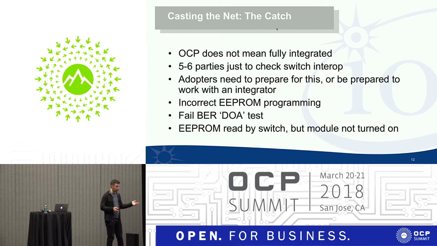We saw cases where an EEPROM could be read properly on an EEPROM reader, read properly by the switch, and it wouldn't actually get turned on by the switch. The light wouldn't actually turn on. These are relatively simple interoperability problems in a sense. They can be very obvious. But this is exactly the kind of thing that we were trying to catch in doing this project.